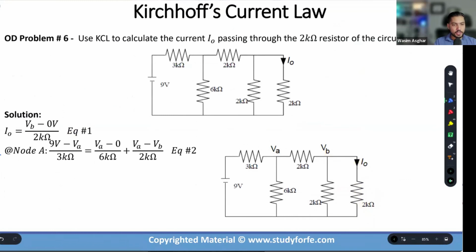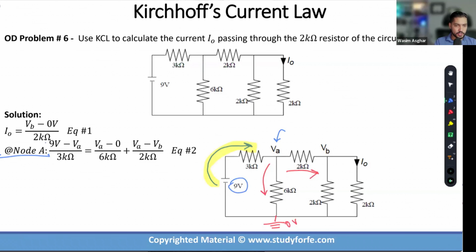Now, when I'm writing the nodal equation, the KCL, at point A, I have assumed that the current is entering through here and the current is leaving like this. And this is the 0 volt. For the current that is entering this node, I am assuming that 9 volt is a higher voltage. So 9 volt minus whatever this unknown voltage is at VA, divided by 3K, is the sum of current I in, entering.